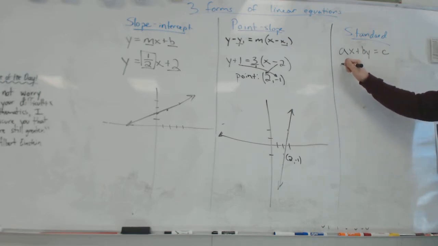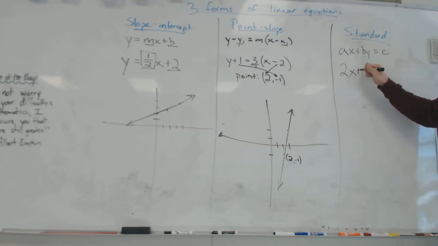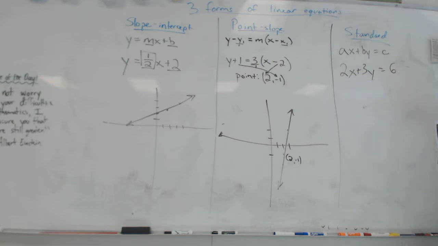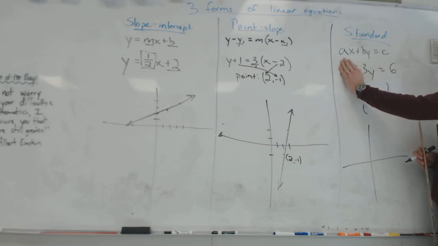So what we're going to do, if we have something like 2x plus 3y equals 6, here's our procedure. What we're going to do is find 2 points. Those 2 points are always going to be on the y-axis and the x-axis. So I'm going to start out by making x 0.